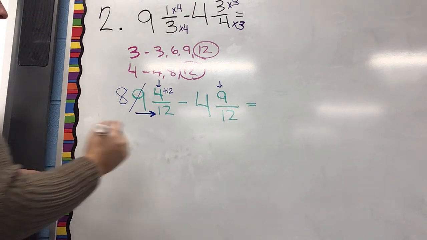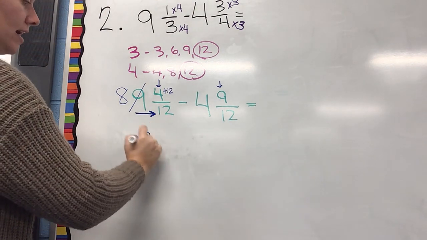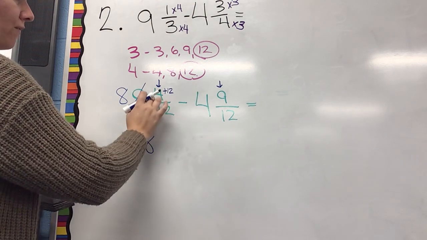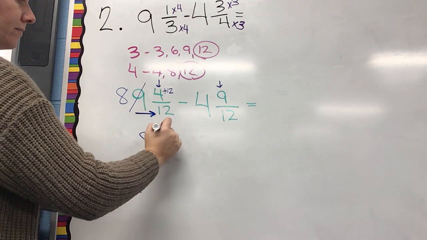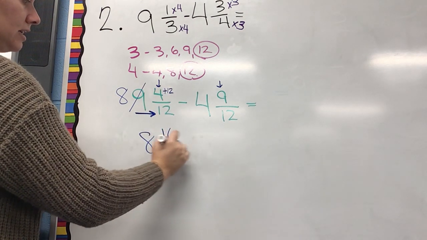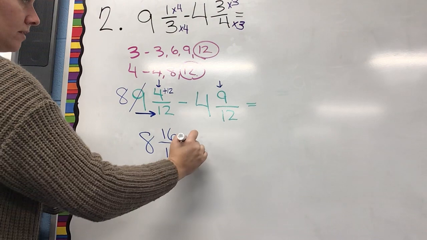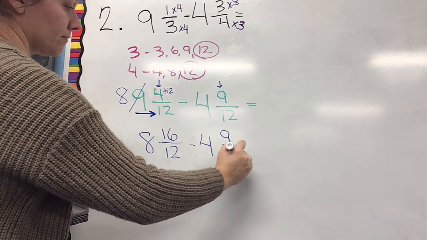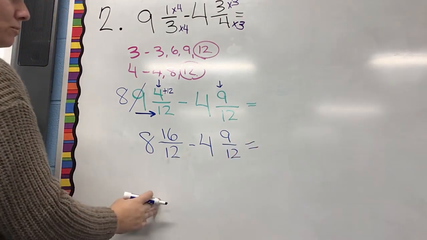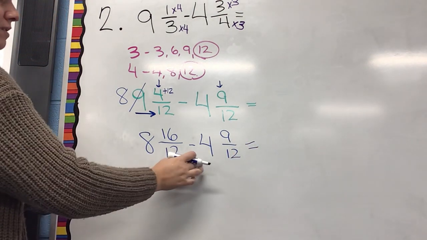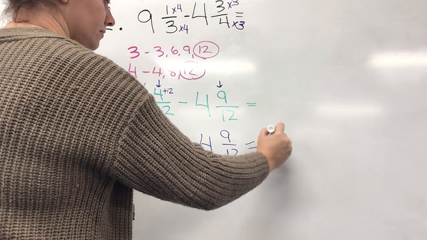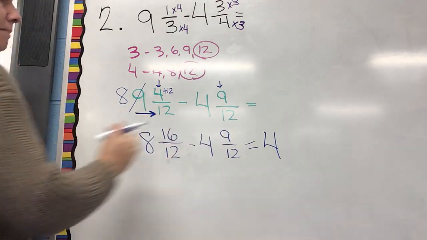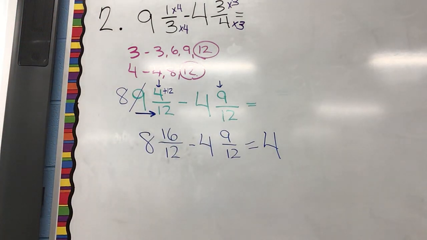So let's rewrite what I have since I've borrowed. I have 8 as my whole number now. 4 plus 12, 16, minus 4 and 9/12. Now when I do my subtraction, 8 minus 4 is 4. 16 minus 9, which I can do.